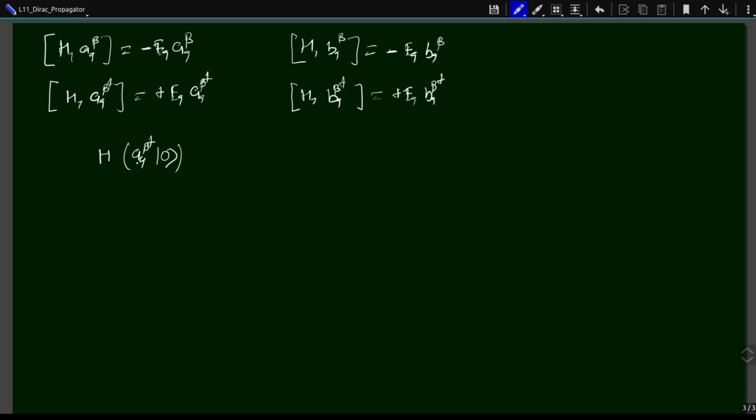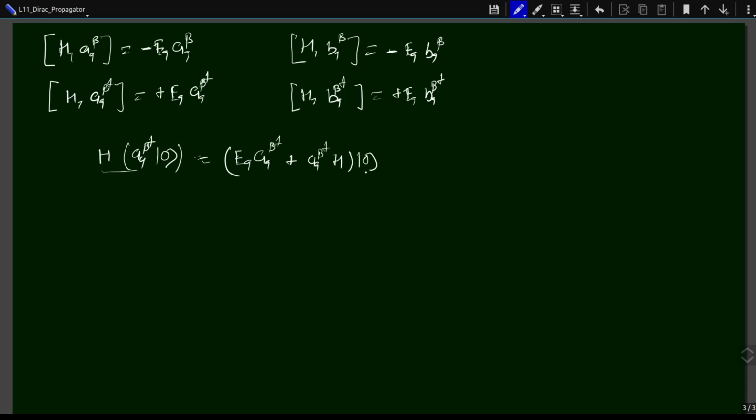If I want to compute this, I don't know how H will act on this state, but what I know is that H times a_q beta dagger, the product of these operators, is nothing but E_q a_q beta dagger plus a_q beta dagger H acting on the vacuum.